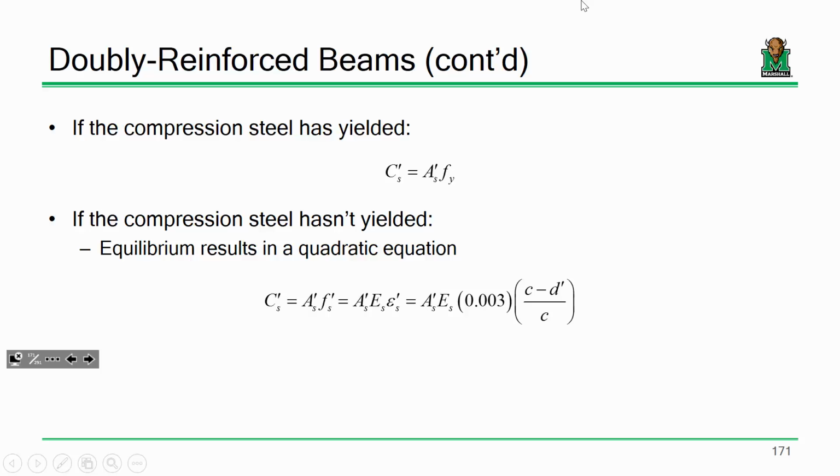I propose that if it hasn't yielded, then the force in that steel is the area times whatever the stress is. And you're going, well, what do you mean whatever the stress is? Well, let's keep in mind we are assuming a stress-strain curve that looks something like this. So here's our stress, here's our strain. And we're assuming a stress-strain curve that's linear up until Fy, right?